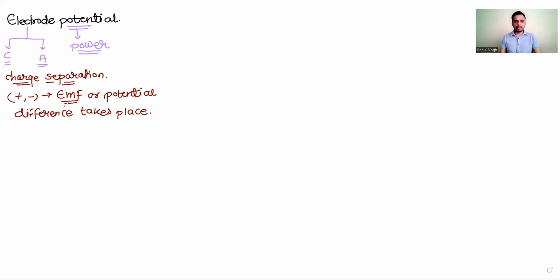To develop a potential in any solution, suppose we take an example: I have just placed a zinc sulfate solution, as we have taken in earlier examples, and here I have taken the electrode. This is our zinc electrode.